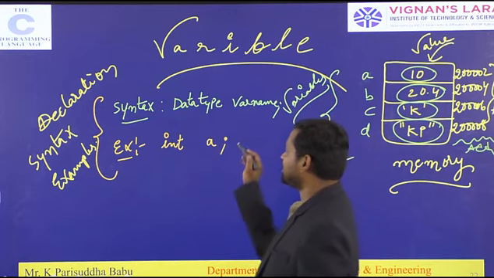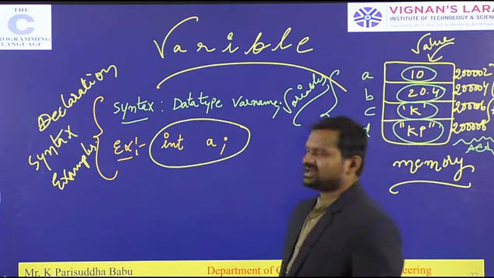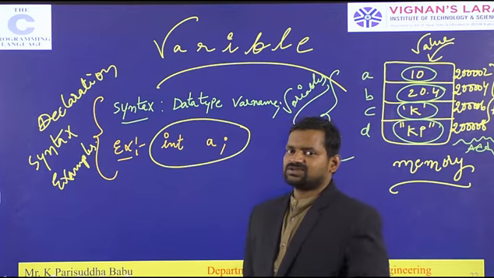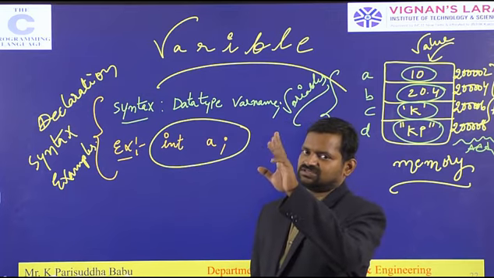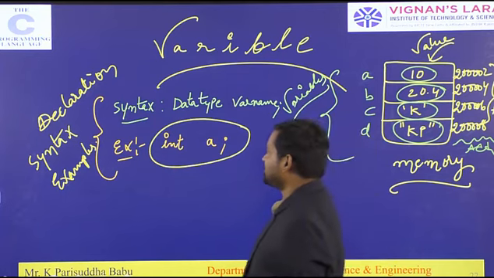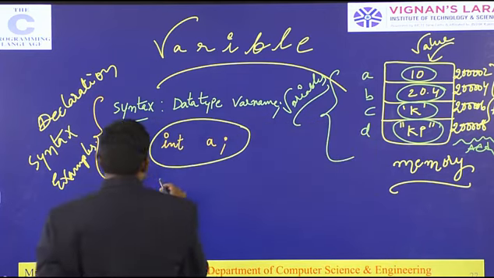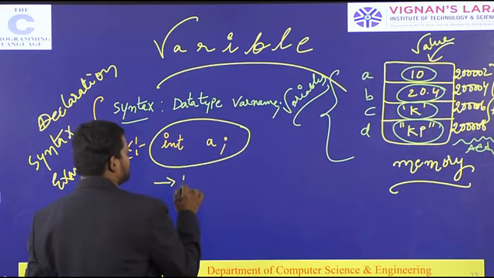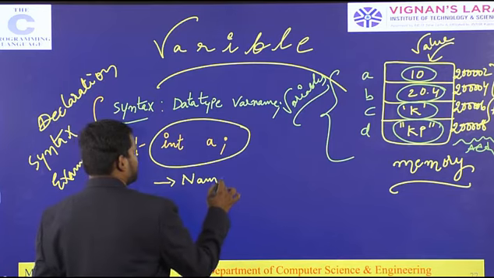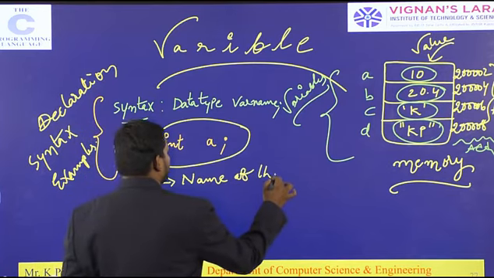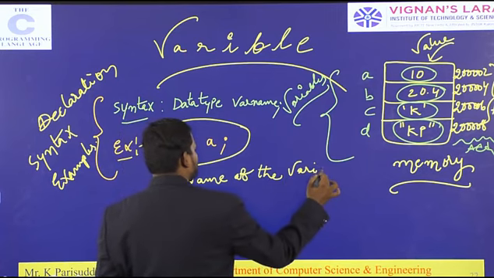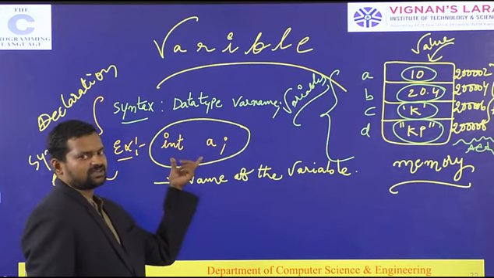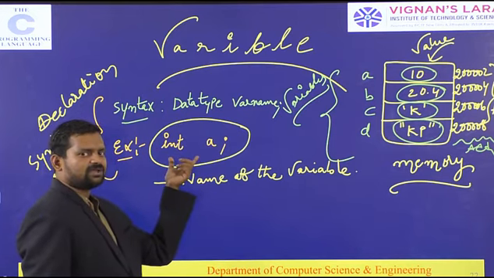Whenever declaring a variable, whenever the compiler encounters the statement in the program, the compiler knows three things.